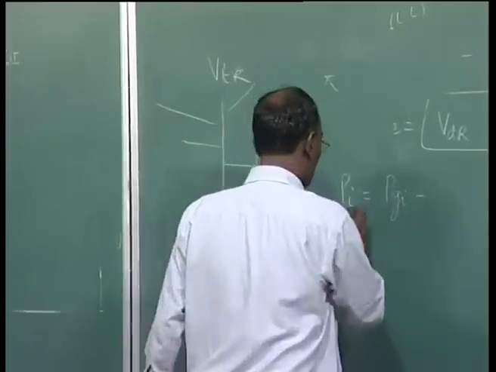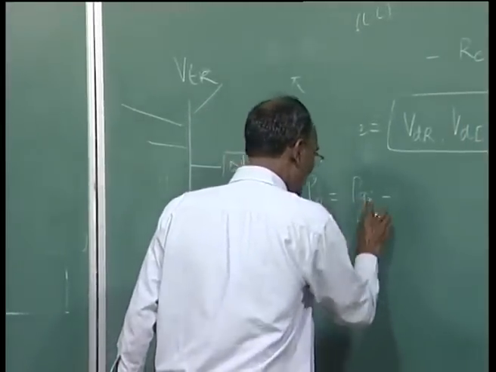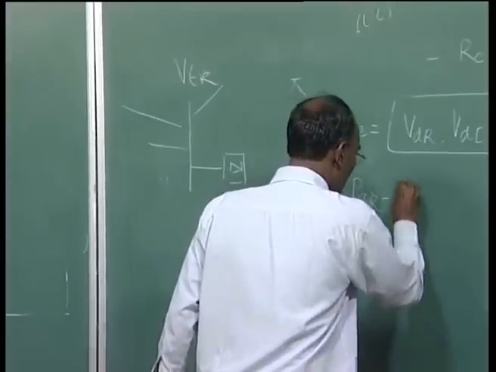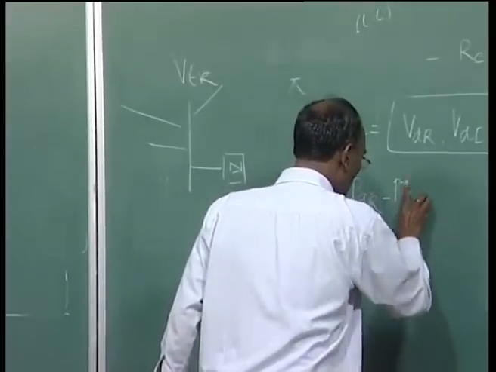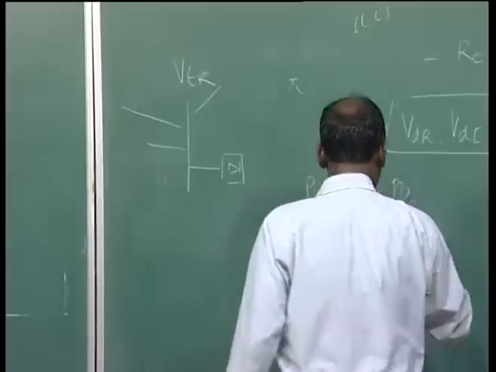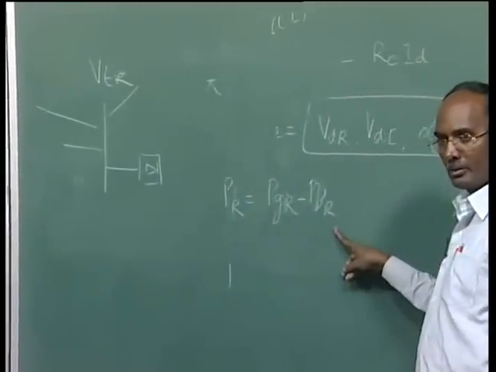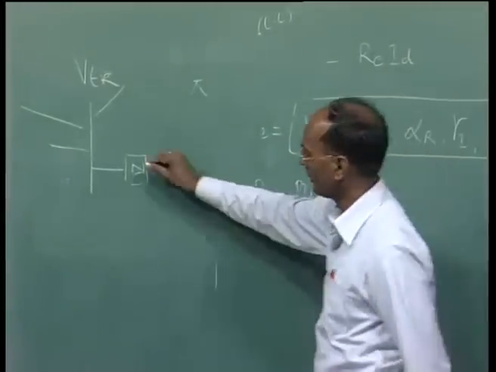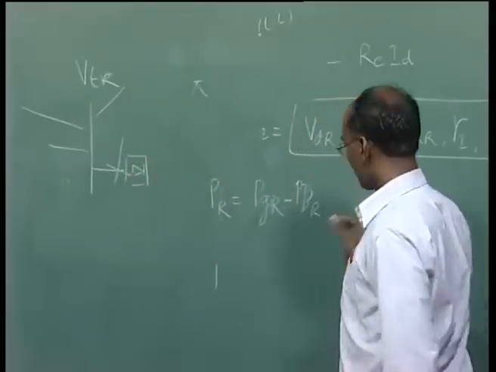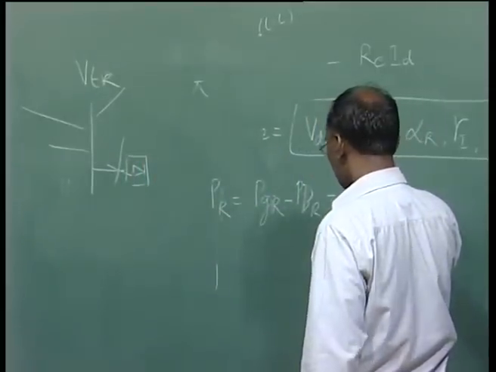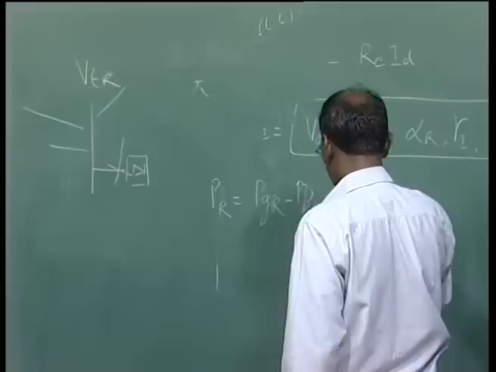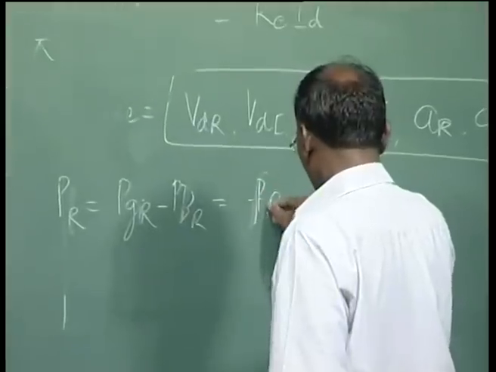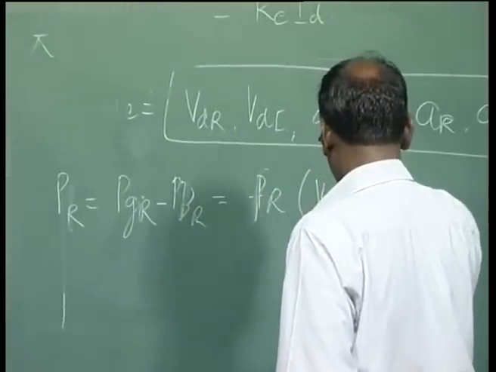At this bus I am writing, so I can write the R, not I here, oh sorry, PDR. This was your equation, if you remember, when there was no DC. I can say PR is a function of V and delta.